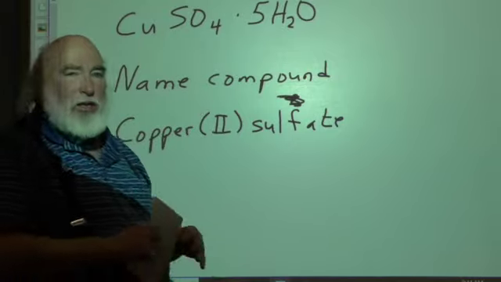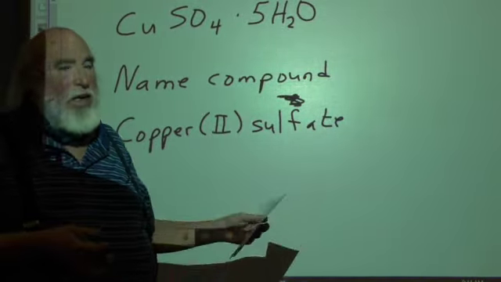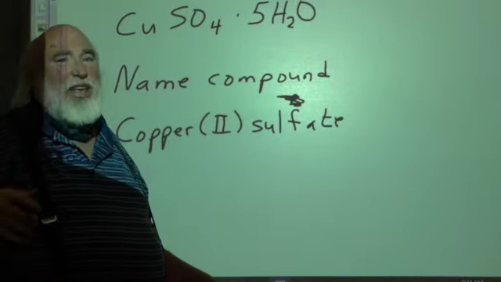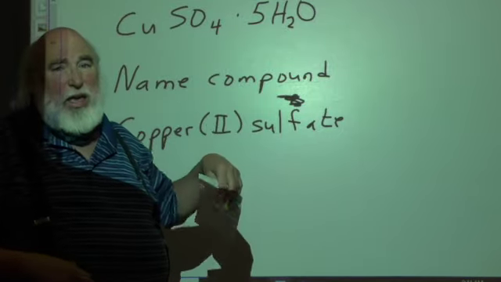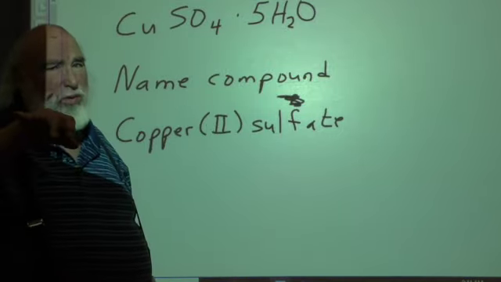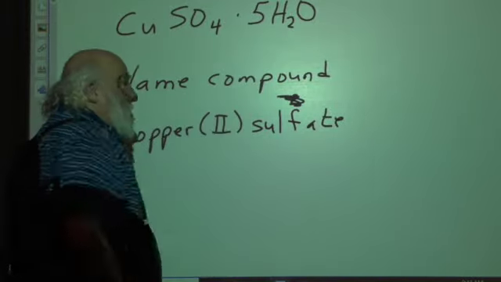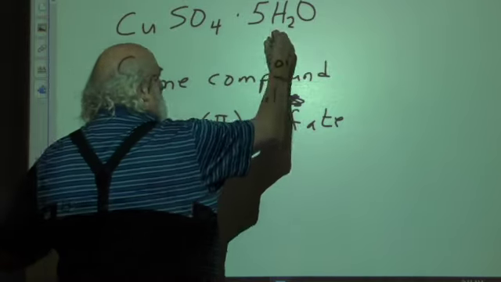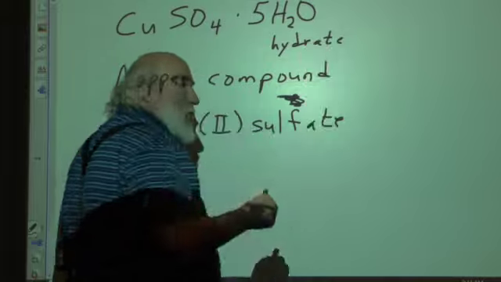Now, the dot is basically saying it's really not part of the compound, it's just kind of there. It doesn't mean a times sign, it's just kind of like a symbol saying it's not being counted as part of the compound per se. And we'll get into an exception of that in the next lesson. So there are prefixes. This is called a hydrate. If somebody is dehydrated, it means without water.